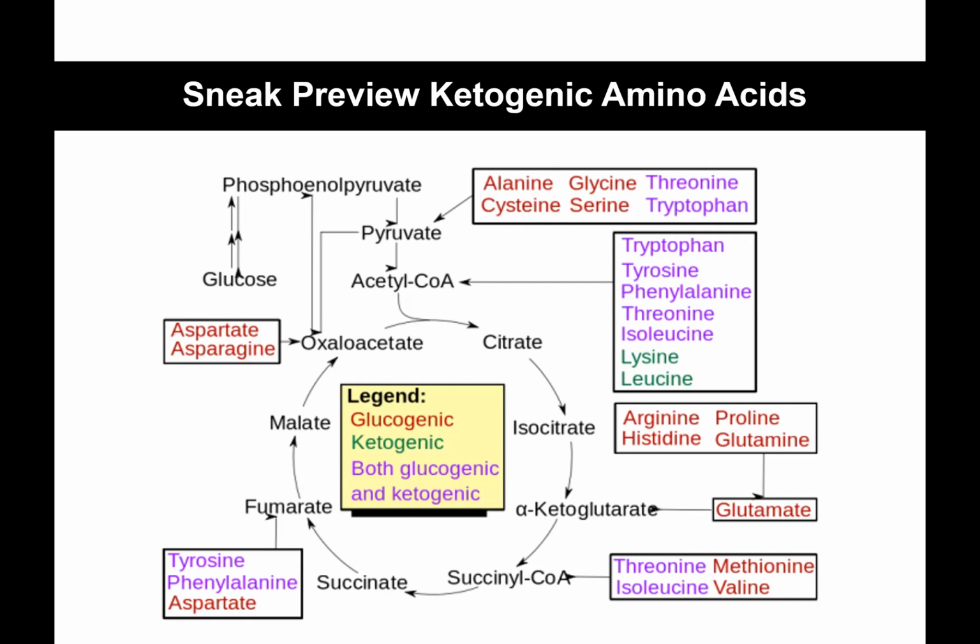So without carbs, what are we not getting? Glucose, right? So what are we going to have to do? We're going to have to use the amino acids that are coming through our diet, and this is one way to get to glucose, but we're going to talk later about ketone bodies and the chemistry of that.